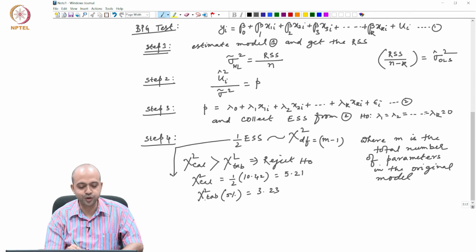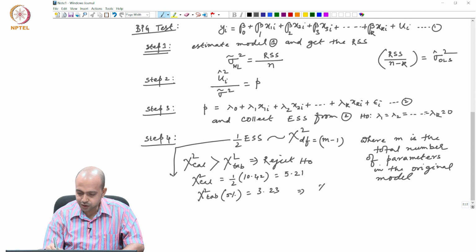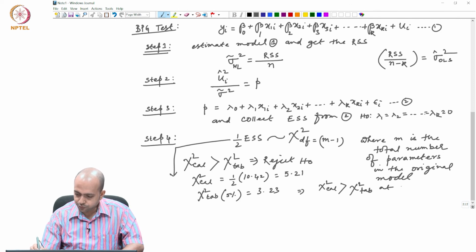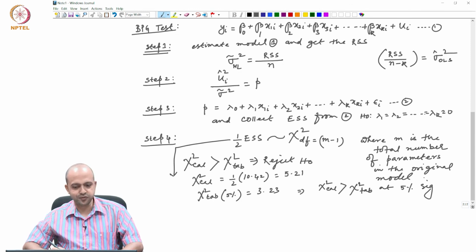So, degrees of freedom would be 1, because in your original model you have only 2 parameters, the income coefficient and the constant term. This is 3.2. So, you can reject your null. That implies chi square calculated is greater than chi square tabulated at 5% significance. So, at 5% level of significance, you can say that your data is suffering from a heteroskedasticity problem.